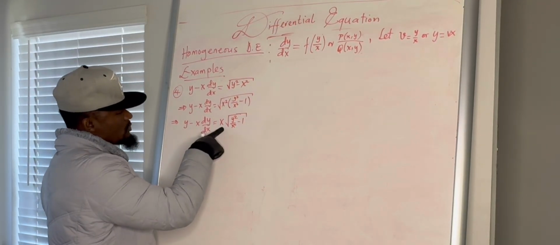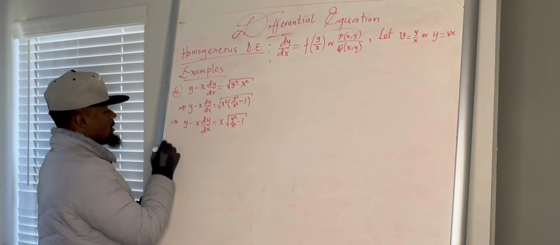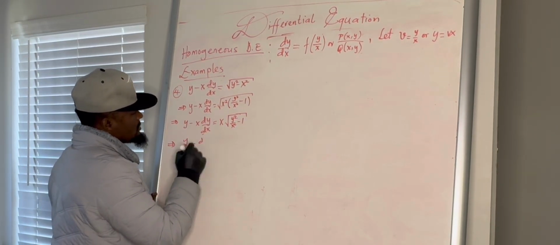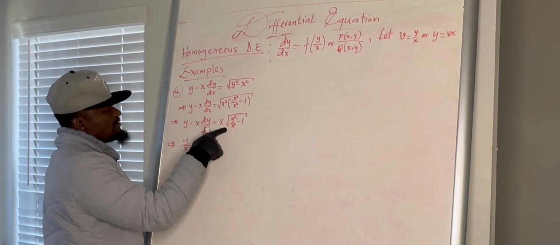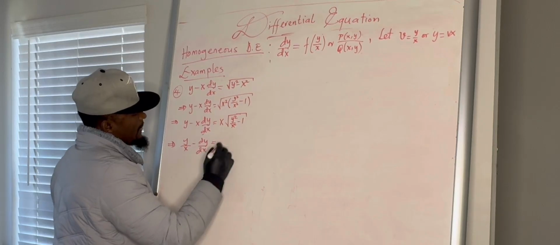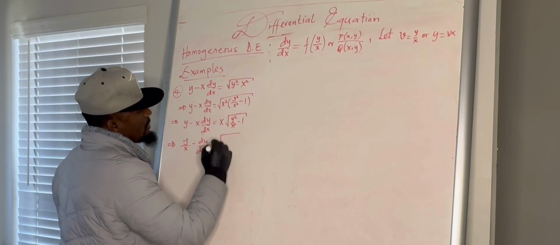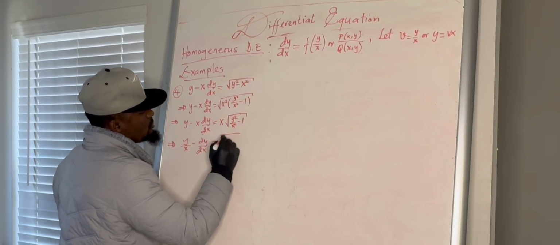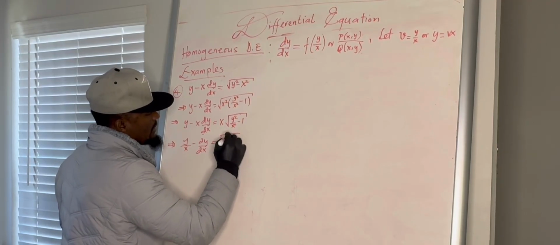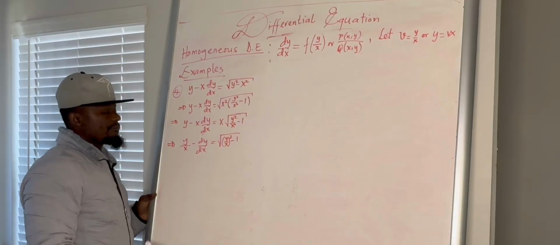Now I can divide both sides by x, and this is going to give us y over x minus, the x here cancels out because I'm dividing each term by x, equal to the square root of, what I can do here is I can put y over x, all that squared minus 1.